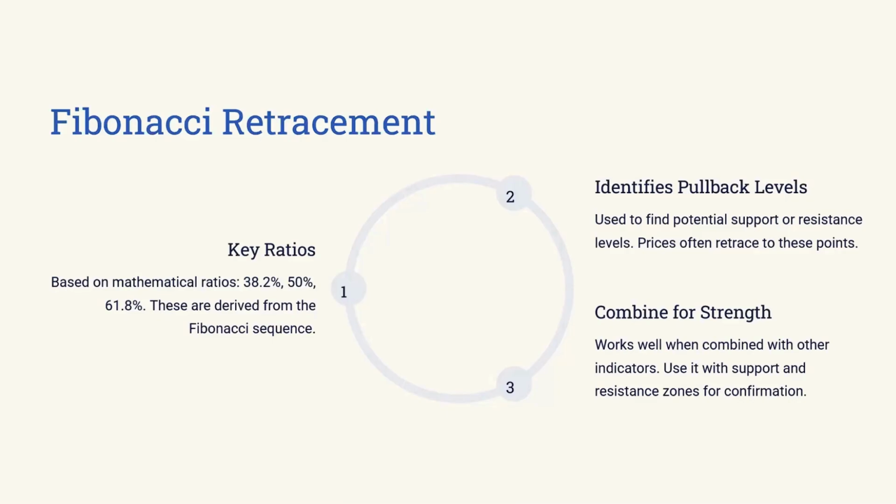Multiple time frames: use Fibonacci retracement on a higher time frame, for example daily or weekly, for stronger levels, then refine entries on the lower time frames. Fibonacci extensions beyond retracement: Fibonacci extensions, for example 127.2% and 161.8%, can be used to project potential price targets once a retracement is complete and the original trend resumes.